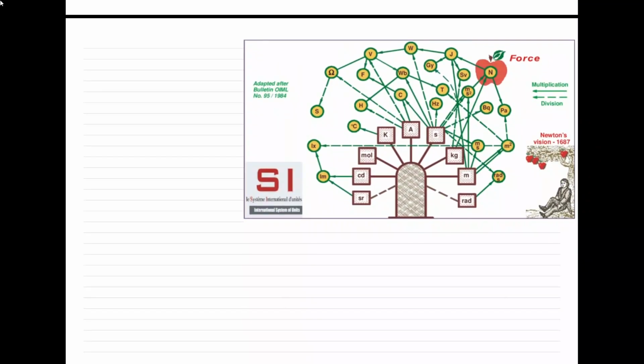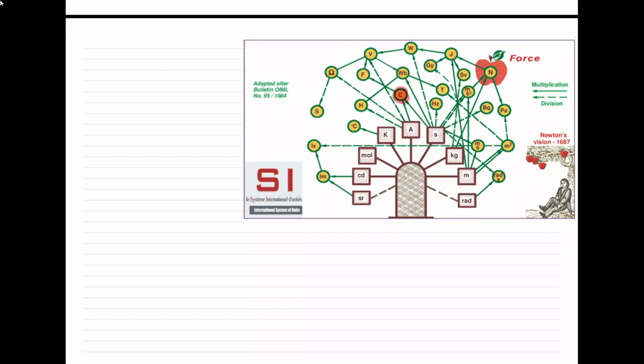So let's go for, let's see the coulomb. Okay, let's see this one, which is the coulomb. Let's try to solve for coulomb.